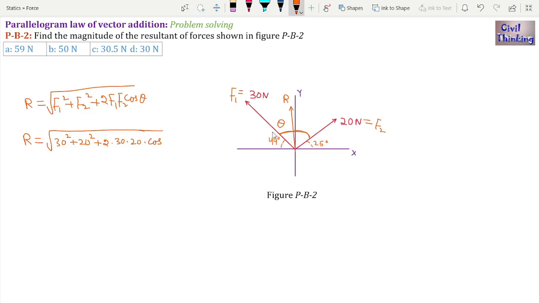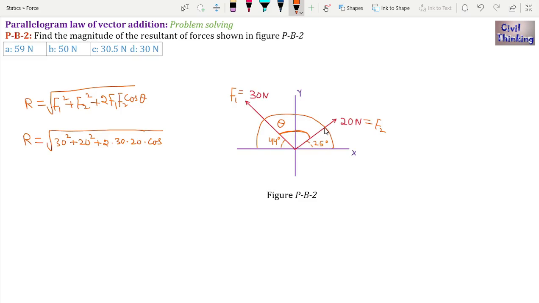Now theta is the angle between F1 and F2, and how much is it? So let us see. Now the total angle, all of this total angle, is 180 degrees, right? So theta is 180 degrees minus 44 degrees minus 25 degrees, because the total is 180 degrees, so you subtract 44 degrees from it, and you also subtract 25 degrees.